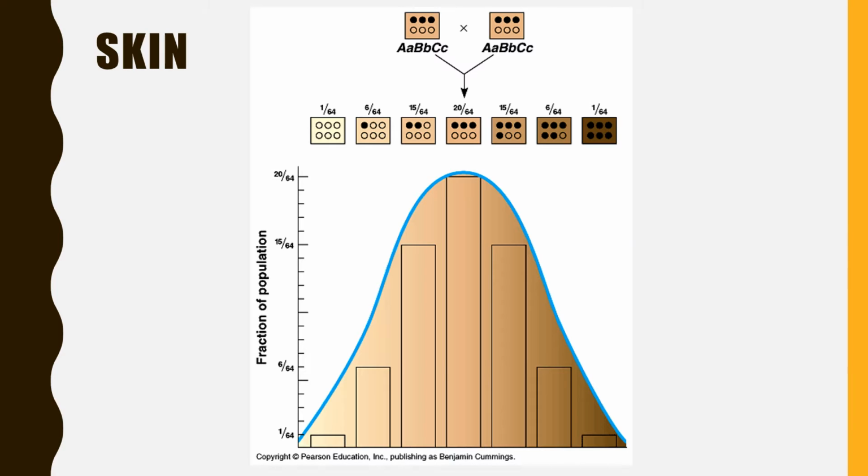But when it's mapped, it produces what we would call in statistics a bell curve. And this is because it's coded for by multiple genes. But in any population at any given time, we would see this bell curve, this continuous coloration across various skins.